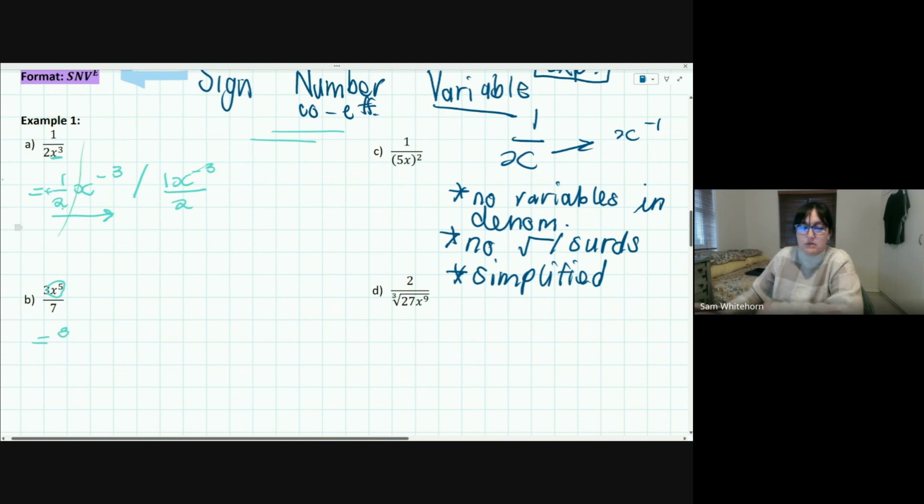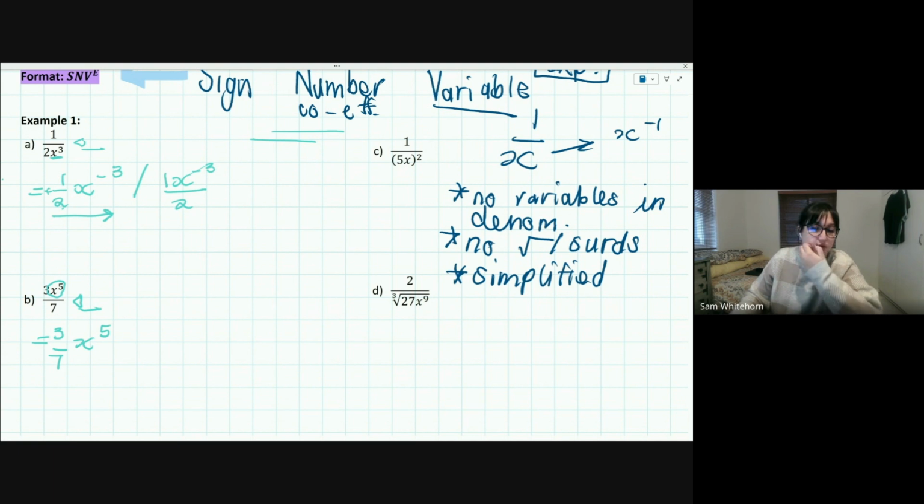So we separate our numerators. So 3 over 7, there's the number. And then we write the x to the power 5. Again, there's nothing wrong with this format. Please understand that these formats that we're given initially, there's nothing wrong with the formats. They are just not the formats most useful or most conducive when we have to now start applying our differentiation rules.